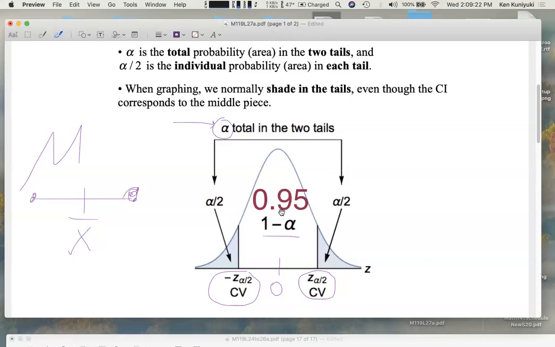Anyway, if 0.95 is the confidence level, then what's the value for alpha? 0.95 plus what will get us 1? 0.05. In other words, if we have 95% in this white region in the middle, we're going to have 5% total in the two blue regions in the tails.